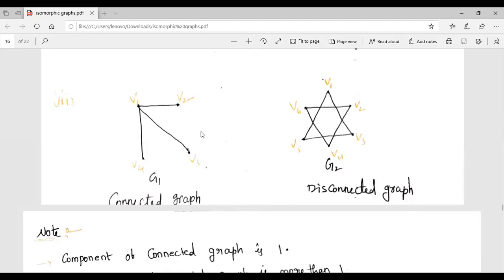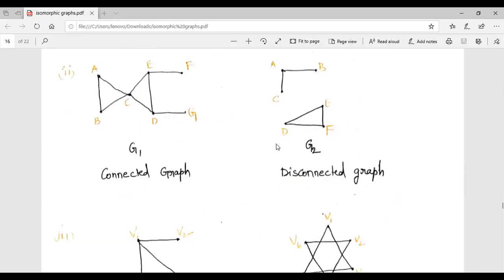Observing these examples, we can say that the number of components of a connected graph is 1. The total number of components of the graph is 1 only. And the number of components of a disconnected graph is more than 1. Here the number of components of this graph is 2. This is one component, this is one component.